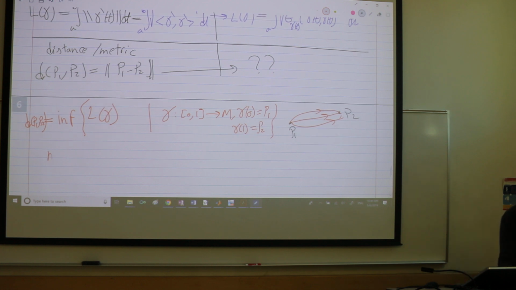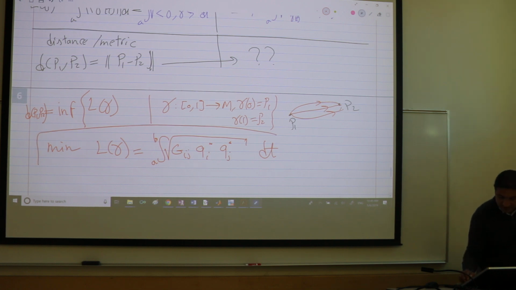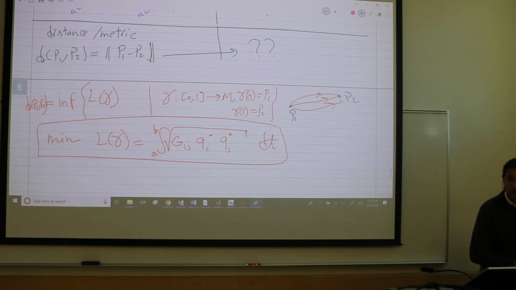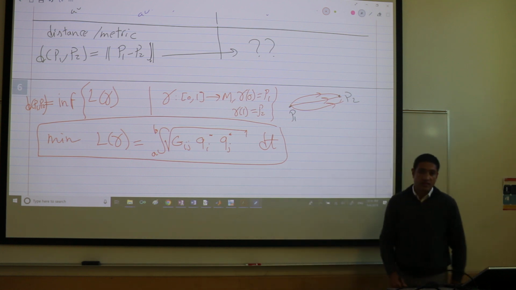Okay, so we want to minimize L of gamma, which is the integral from 0 to 1, or a and b, it doesn't matter much, of the square root of g acting on these, which is g_ij q_i dot of t, q_j dot of t, dt. I want to minimize this. What type of problem is this? Minimize L of gamma, subject to gamma at the initial point being P1 and gamma at the final point being P2.